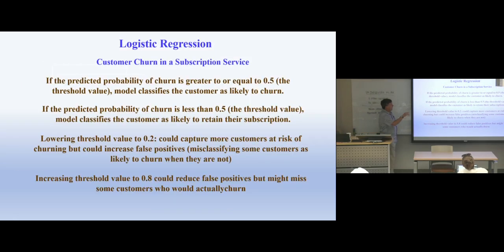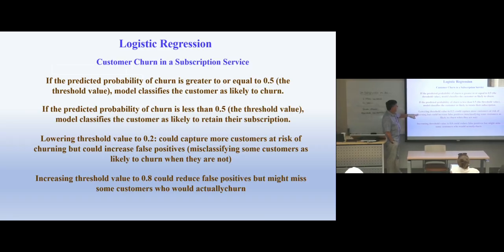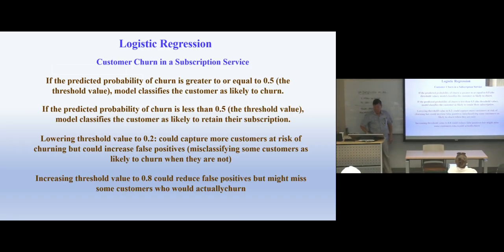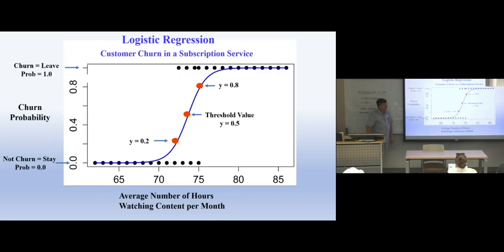So again, probability greater than 0.5, probability less than 0.5. This is a hyperparameter that you can choose. Now notice, suppose that you lower the threshold value to 0.2. Okay, let's move it down to 0.2. All right, now what does that mean?